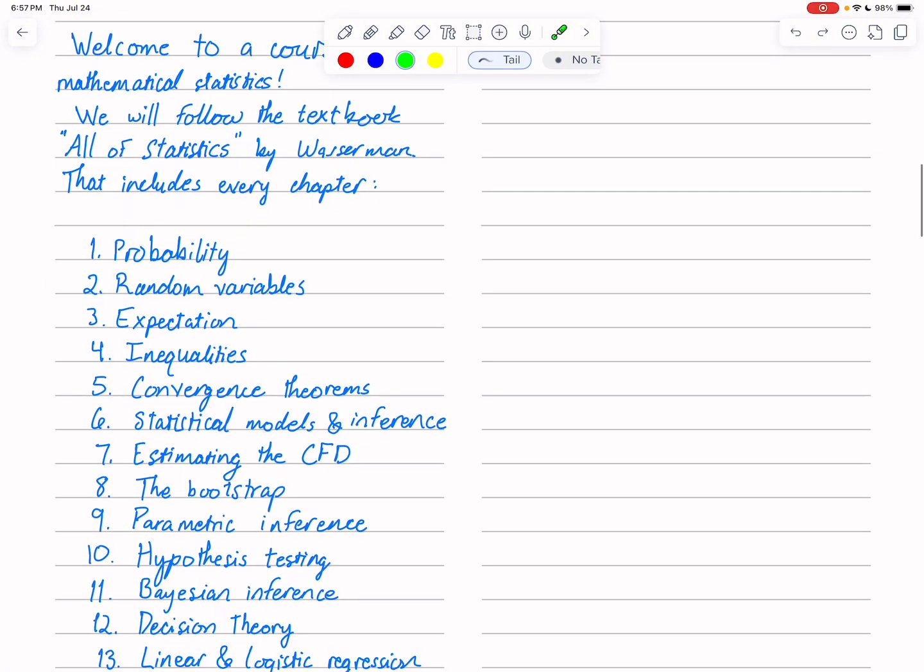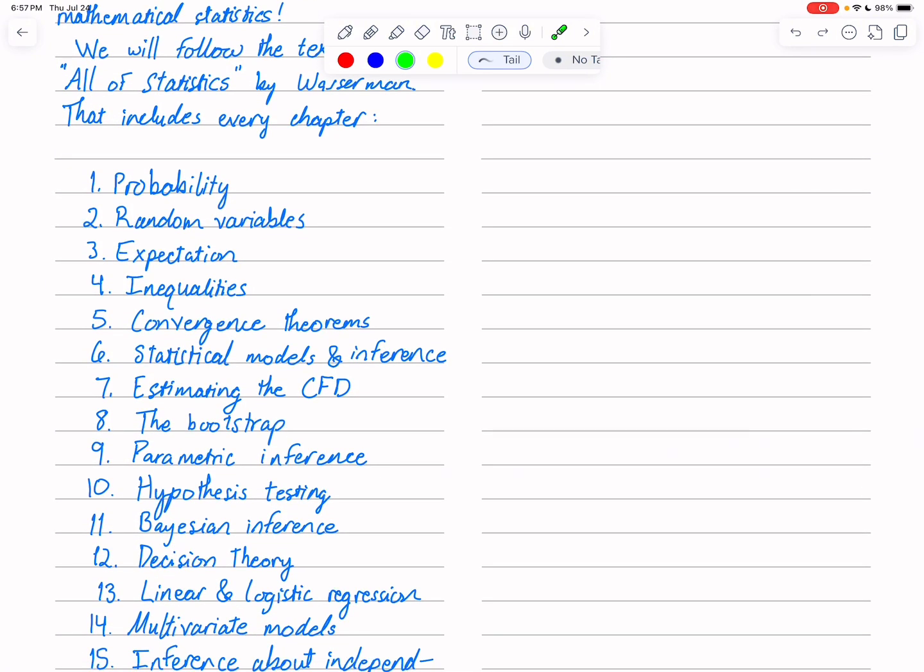And I think the plan is, at least right now, not to skip any of the sections or chapters.